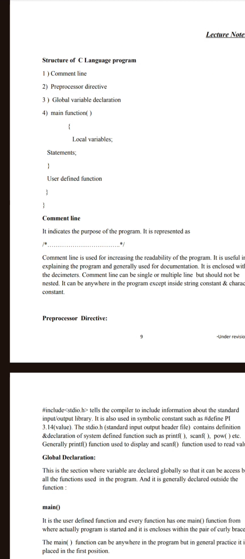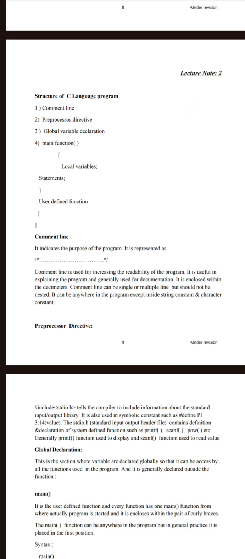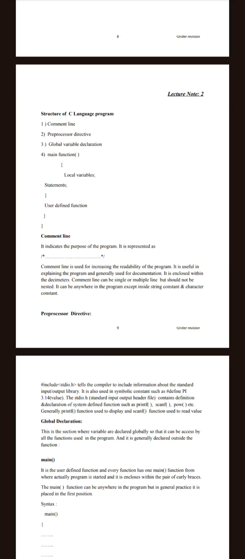The syntax for command line is /*. Then we have to give the commands or name of the program or whatever we want, and the last is close it by */. These command lines are used for increasing the readability of the program, and it is useful in explaining the program and generally used for documentation.